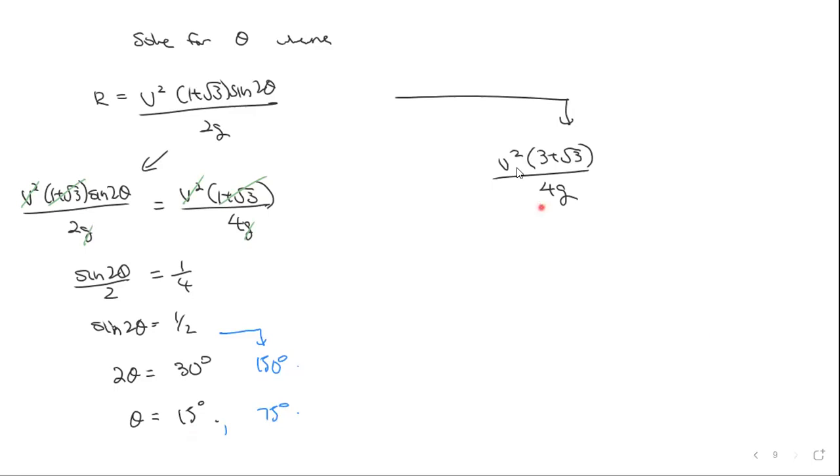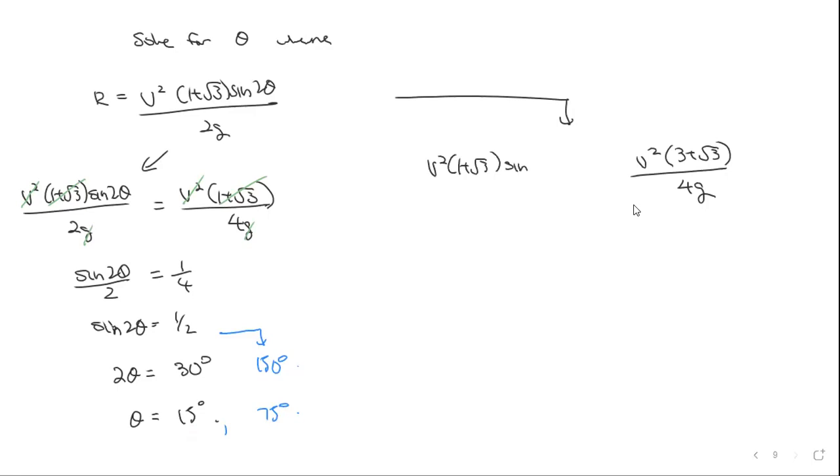Now, we'll do the same thing here. We've got v squared (3 plus root 3) over 4g, which is going to equal r. So r is going to equal v squared (1 plus root 3) sine 2 theta over 2g, which must equal this.